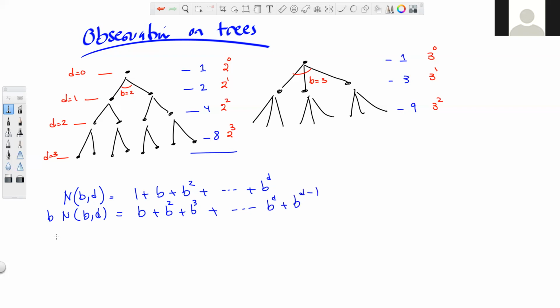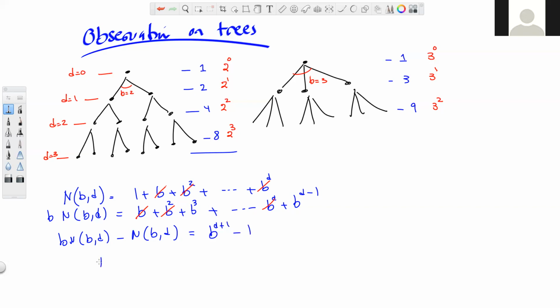And then you subtract. If you take this and subtract it from that, a lot of things cancel in this case. So when you subtract this from that, you end up getting b to the d plus 1 minus 1.